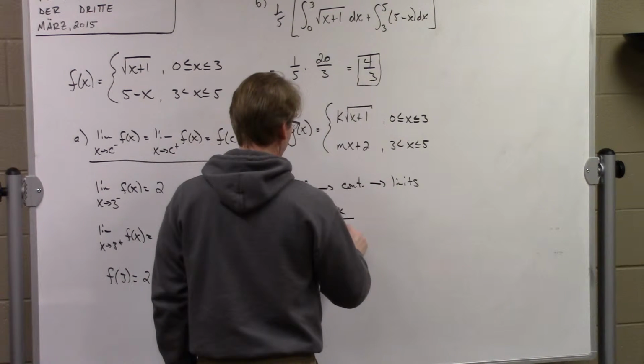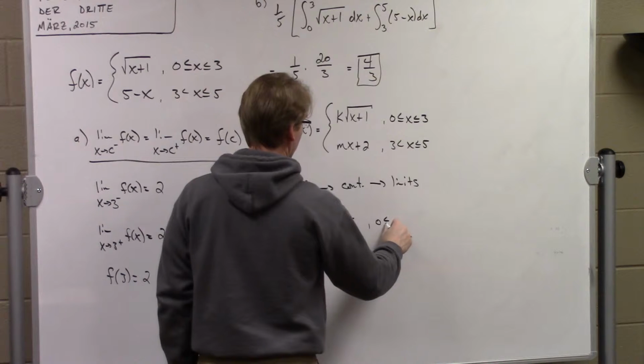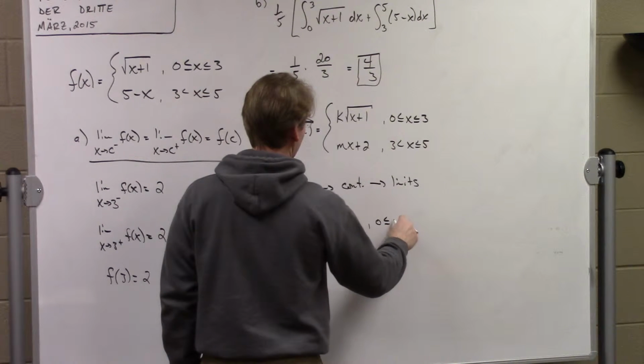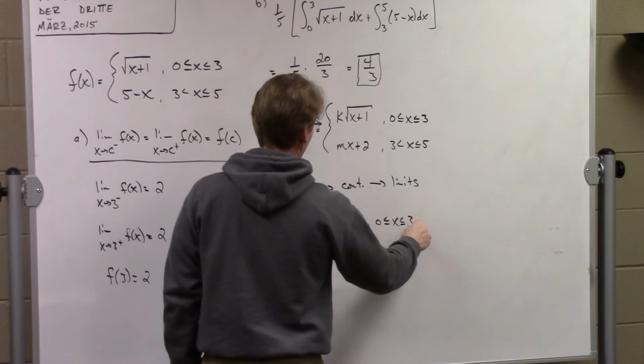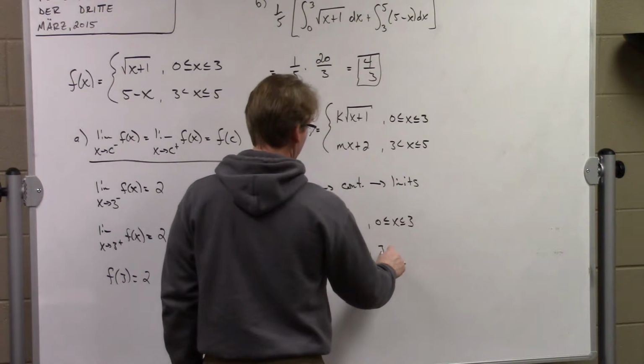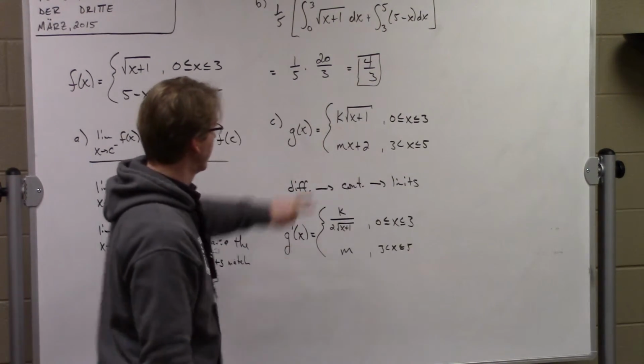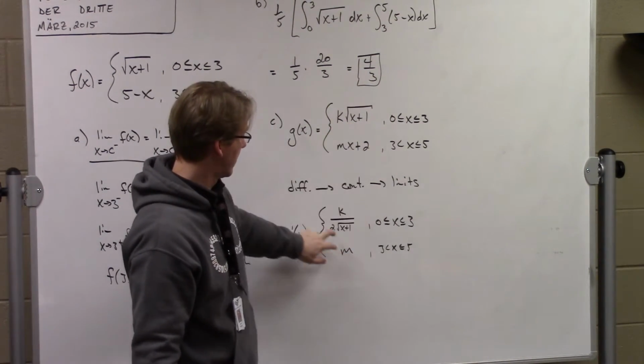K over 2 root of x plus 1, and y'all can do a derivative and figure that out. And then this one is just going to be m. So I need to show these two are equal, and I need to show these two are equal.